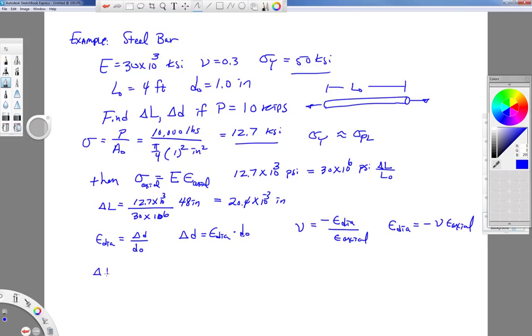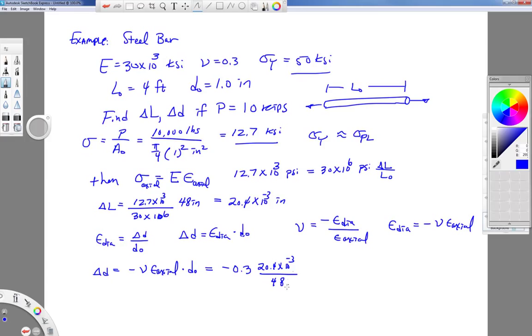So to put that into my delta D formula, I have minus Poisson's ratio times the axial strain times the initial dimension of the bar. For this particular problem, I have minus 0.3 for my Poisson's ratio. The axial strain is the change in length divided by the initial length.